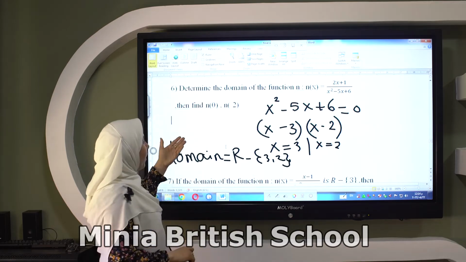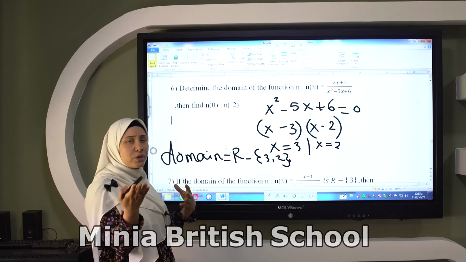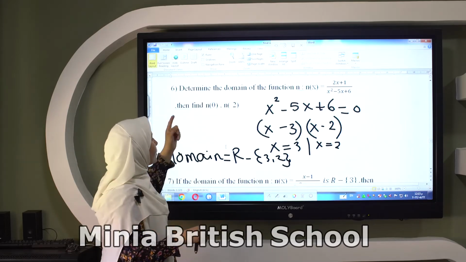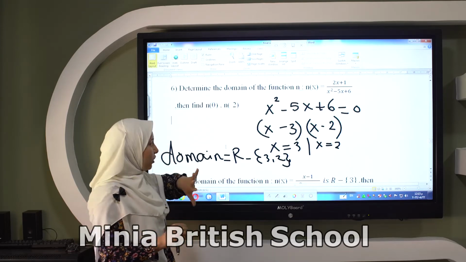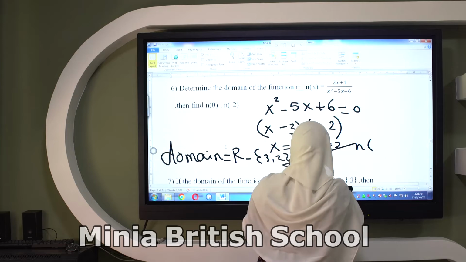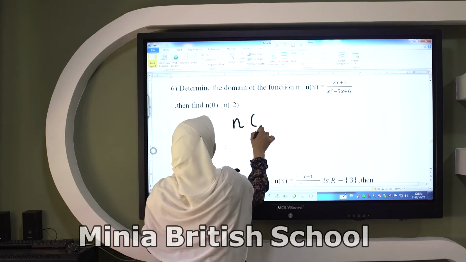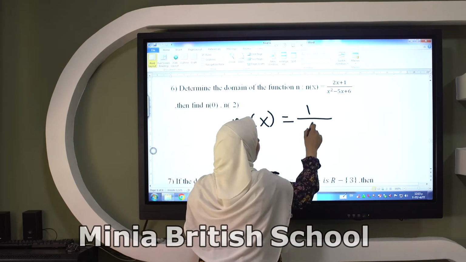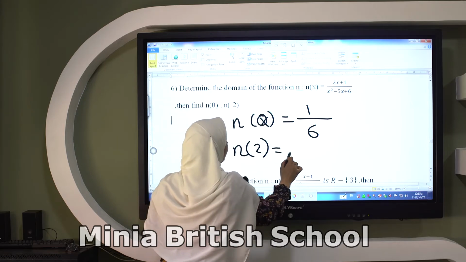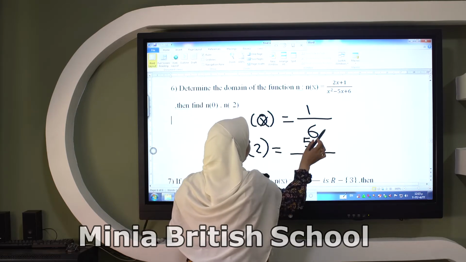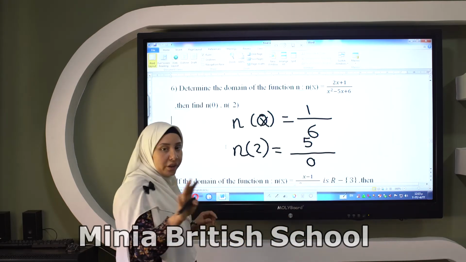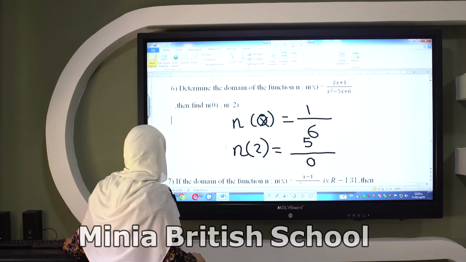Now I find h(0) and h(2), by substituting x equals 0 in this function and also x equals 2. If x equals 0, then h(0) equals 1 over 6, but h(2) is 5 over 0, which is undefined.